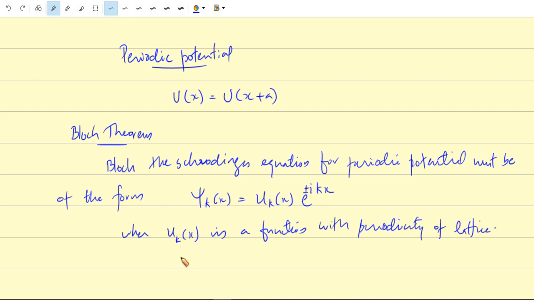Therefore, you can say that uk of x plus a must be equal to uk of x. So this is a periodic function.